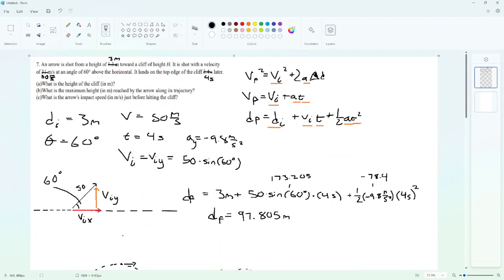Its final velocity will be 0. So all our information is the same, except our final velocity, and we do not have t now. So I'll go ahead and delete t. Our final velocity is going to be 0 meters per second. So with that knowledge, let's go ahead and underline what we know.